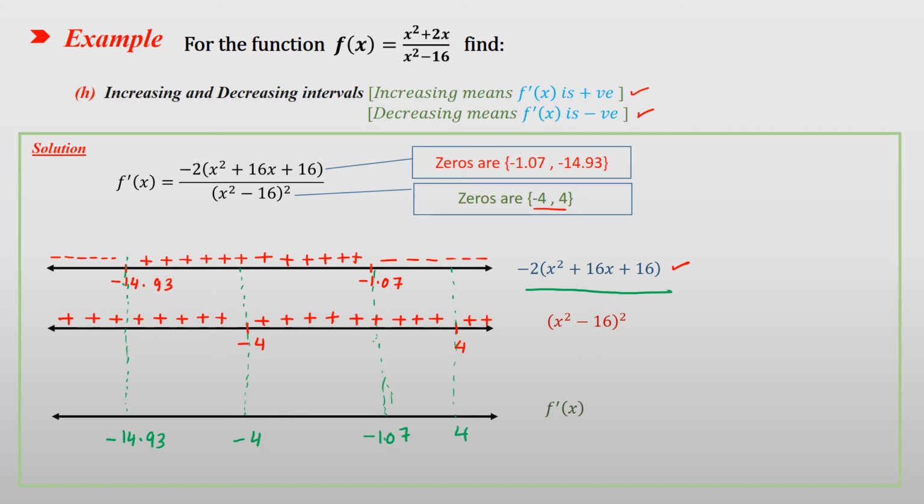Then negative divided by positive, it will be negative. Positive divided by positive, we have positive. Positive divided by positive, we have positive in this interval. Negative divided by positive, negative, and negative divided by positive will be negative.